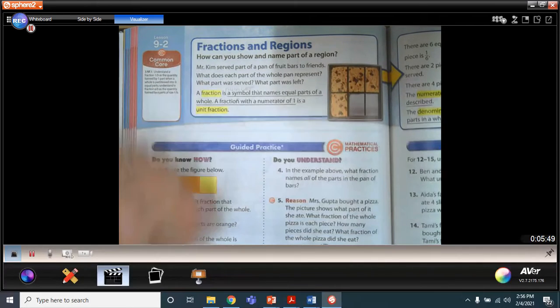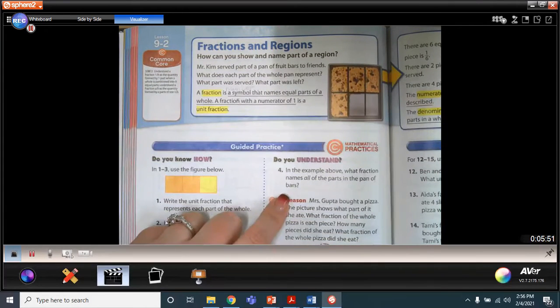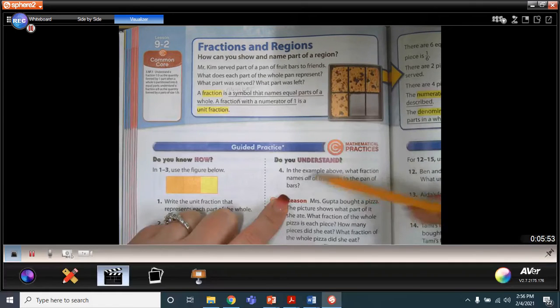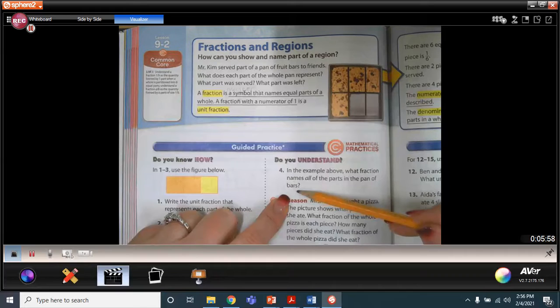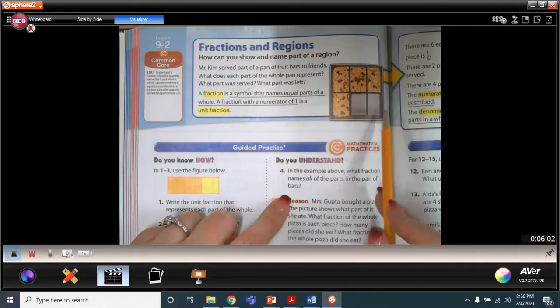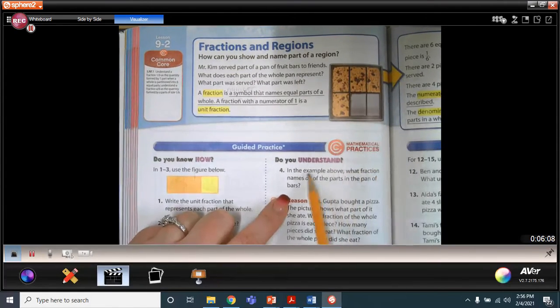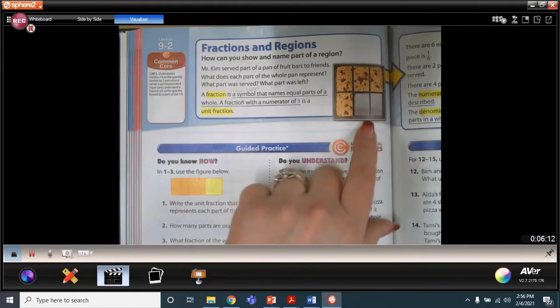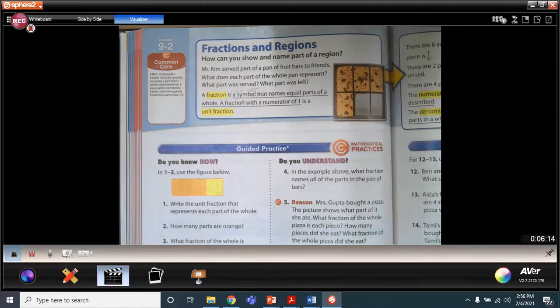Now, let's just look at our problem. It says in the example above, what fraction names all of the parts in the pan of bars? So when we talk about the whole pan, we're talking about before these 2 pieces were gone, all of the parts. Notice how they have it here, all of the parts. Now, since these 2 are gone, there's still all of the parts. It's just now that those 2 are missing.